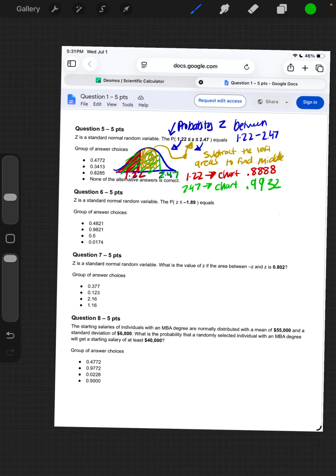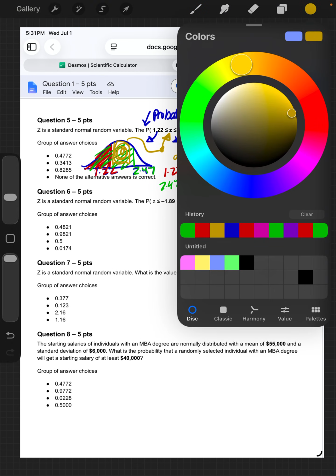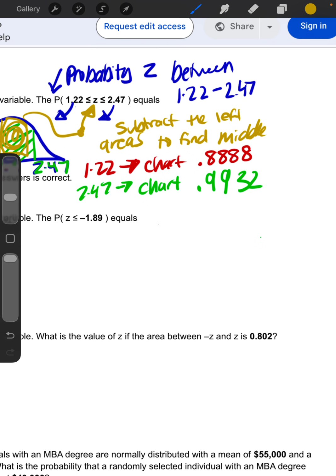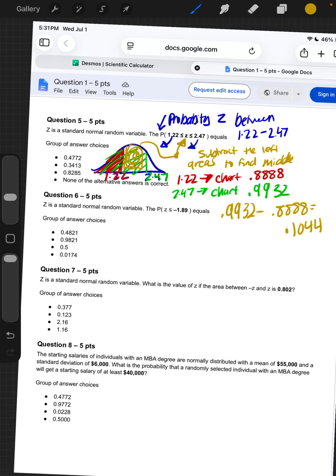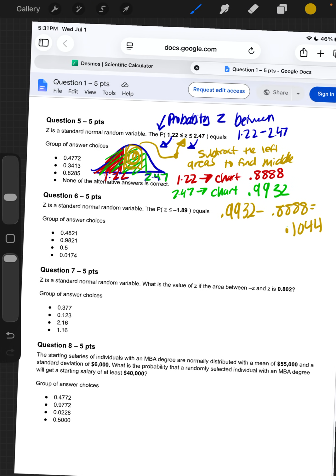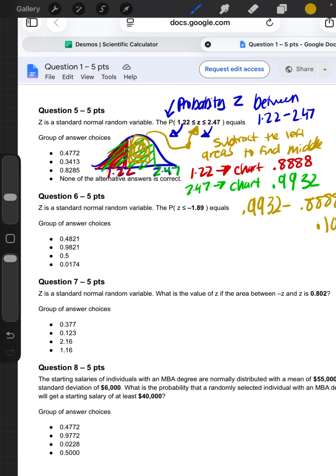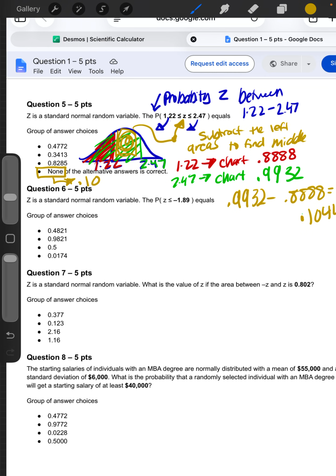So what we're going to do now to find the middle is subtract them. So 0.9932 minus 0.8888 will be 0.1044. I don't have it listed, so this would be the right answer, and it would be 0.1044.